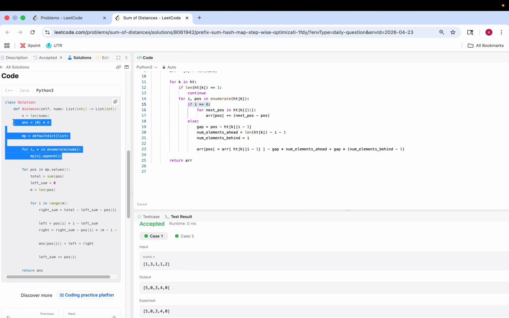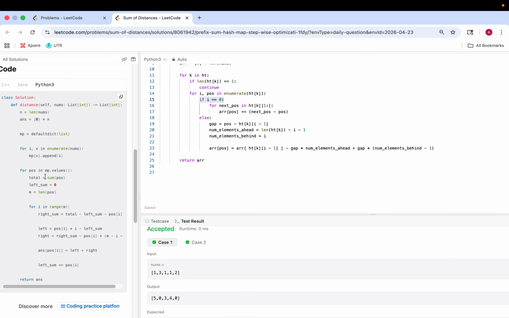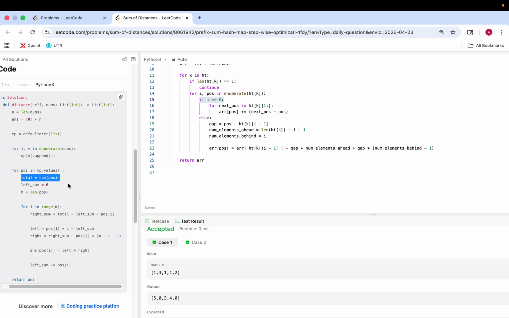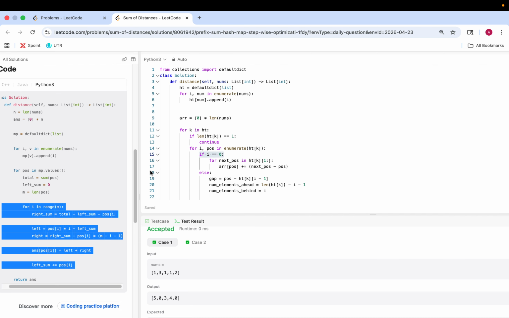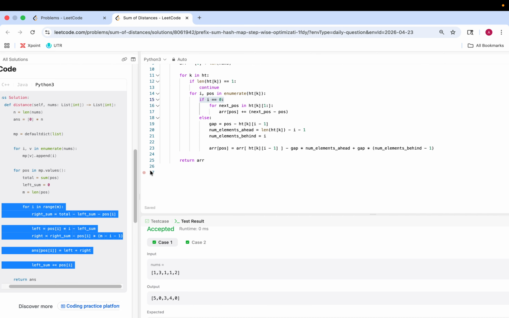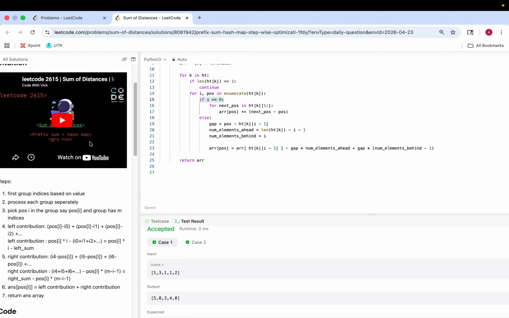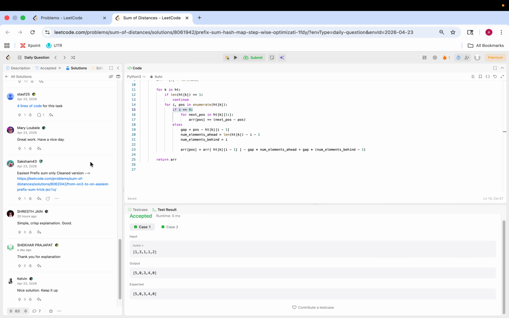For each key, total equals the sum of those positions. Interesting. I'm assuming this applies the same sort of principle, but does it in a better way than what I did. Well, I'll read in my own time.